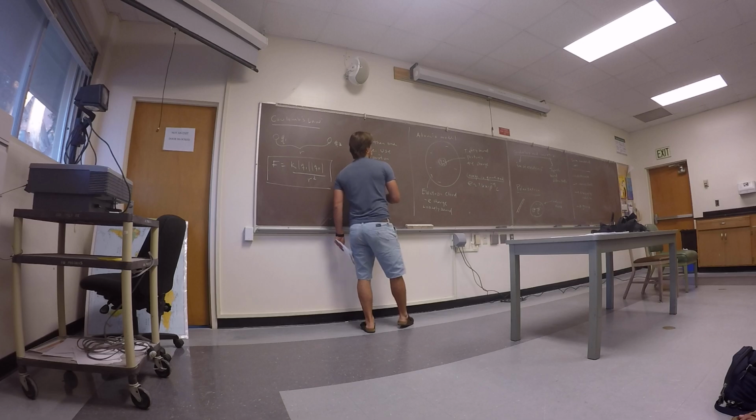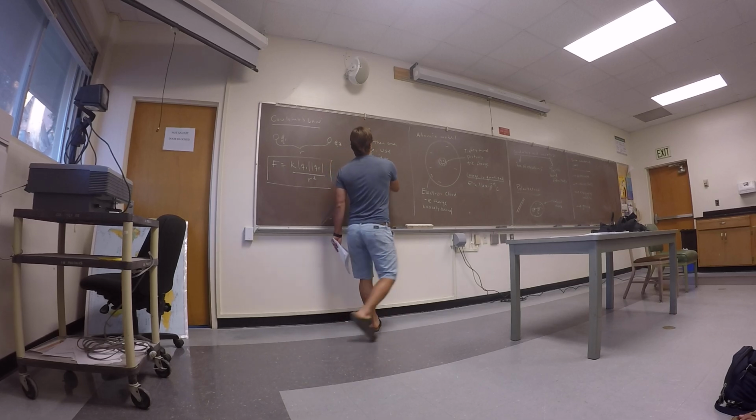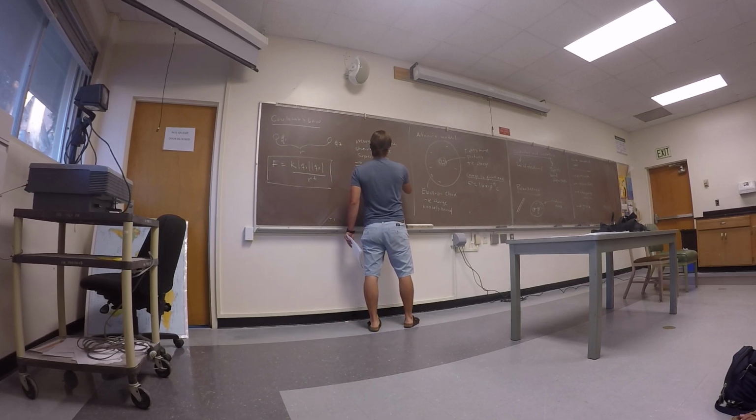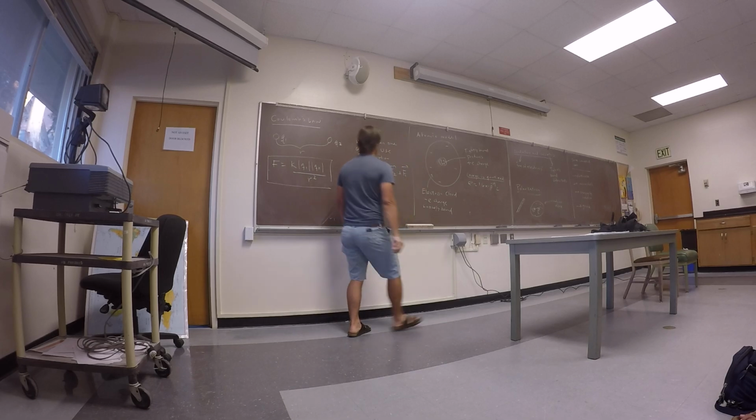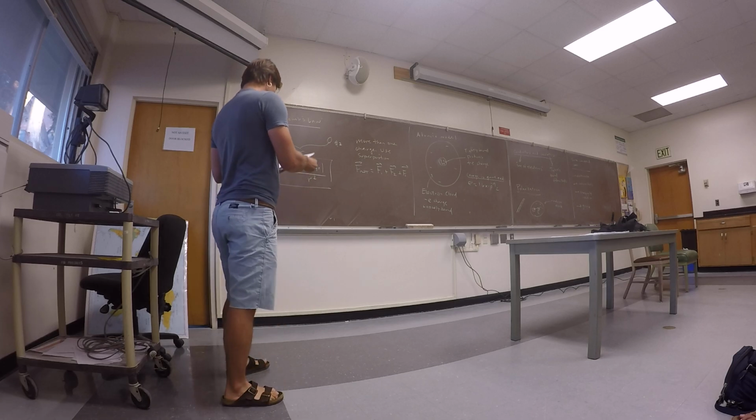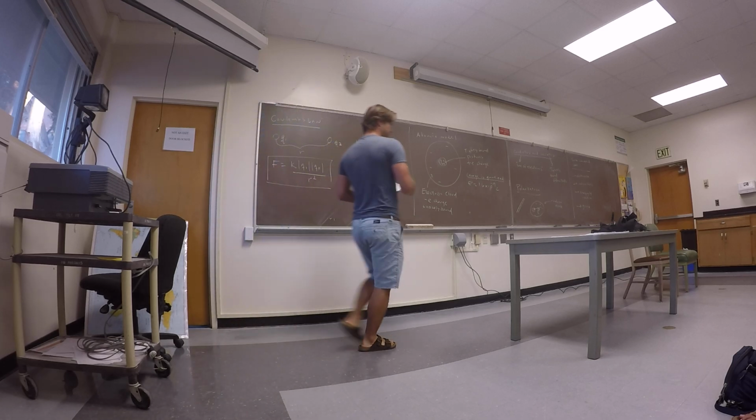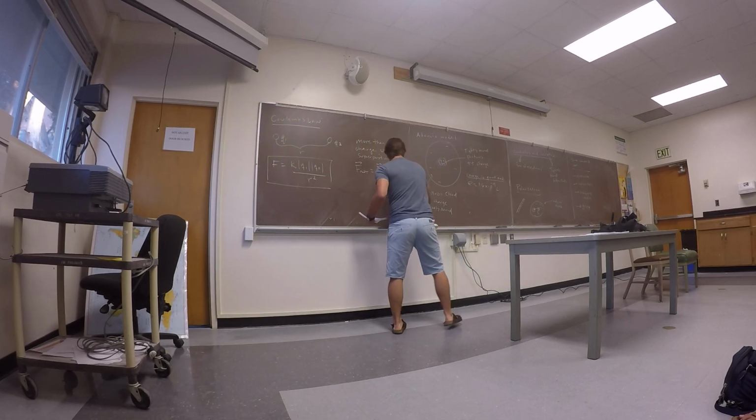So there'll be some F1 from some charge 1, and some F2 from some charge 2, and some F3, and so on and so forth. So you just add up all of the different forces. Now, I've got a few examples of problems like this.